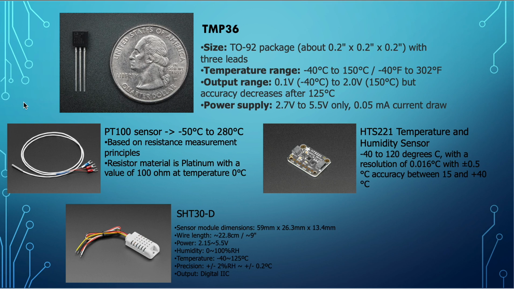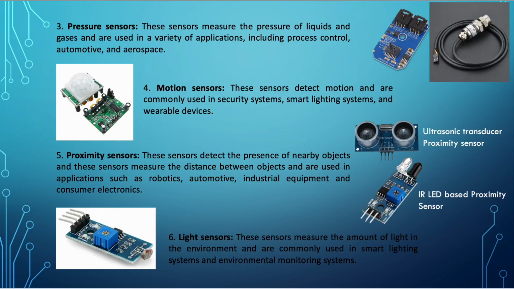We also talked about data sheets which come with these sensors. So we talked about the general categories of sensors, but in the market there are thousands of products, and at least 10 or 20 for each category.